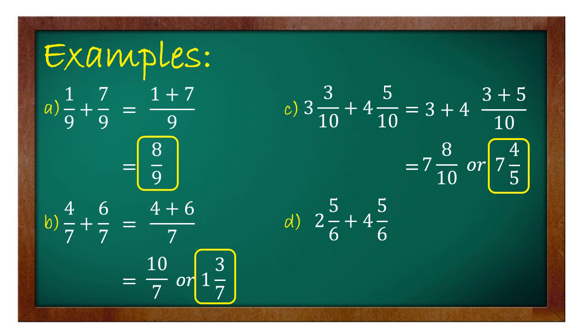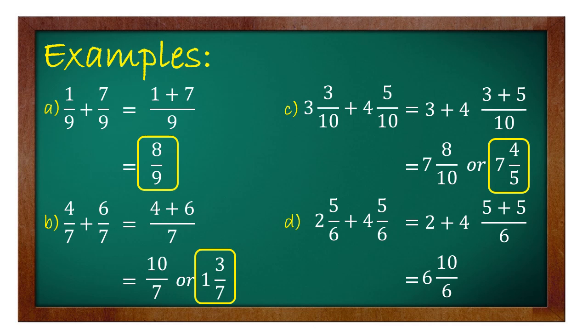Last example we have is 2 and 5/6 plus 4 and 5/6. So, same procedure, we just simply add the whole numbers and then the numerators and then copy the denominator. So, we have 2 plus 4 and 5 plus 5 all over 6. So, 2 plus 4 is 6, 5 plus 5 is 10, copy the denominator 6.